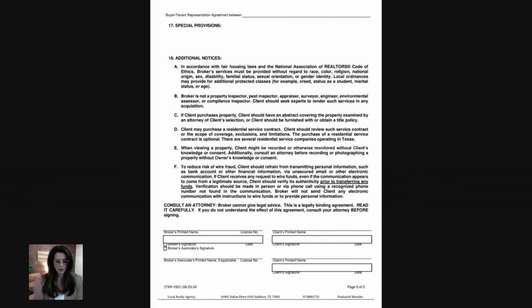Page 17, special provisions. You're not an attorney. Don't write anything on there if there's already a form that exists or if it is already in this form. The one thing I do write on this form quite a bit is a protection clause for myself and for my clients, which is: this contract may be terminated by either party with a 24-hour written notice.